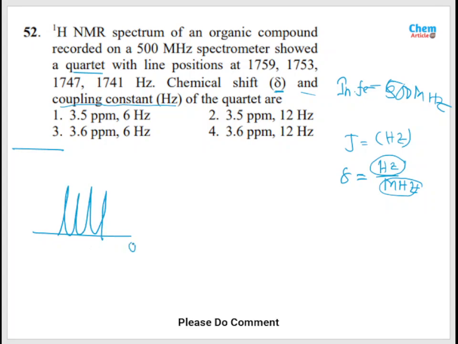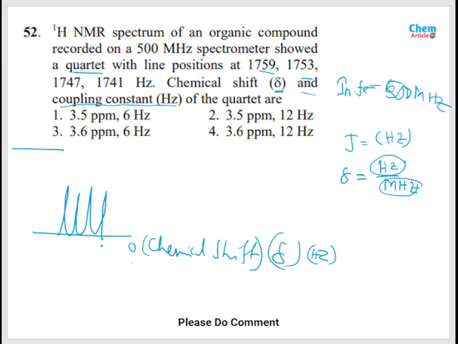This is 0, the chemical shift value, this is the delta value in Hertz. In total the four lines are given.